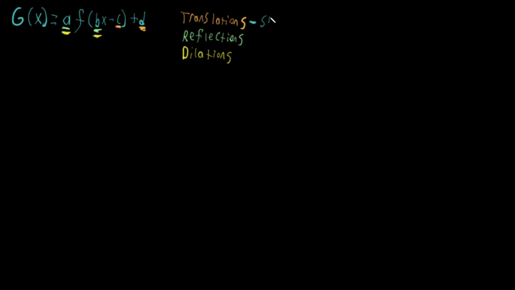These are just shifts, so being moved around on the graph. Reflections are being flipped, is another easier word for it. And dilations has to do with stretching and compressing, like a spring.